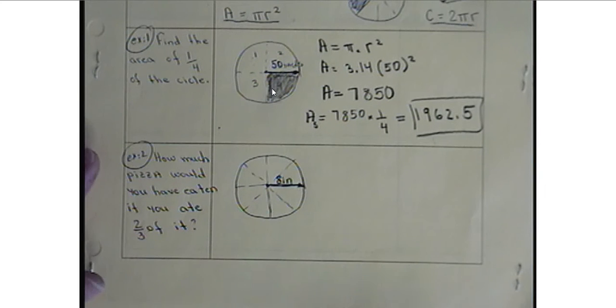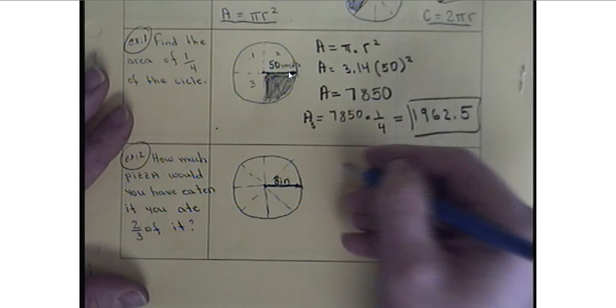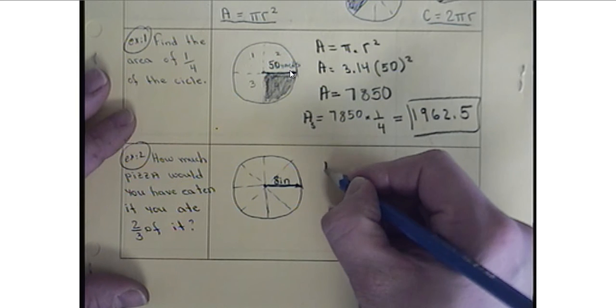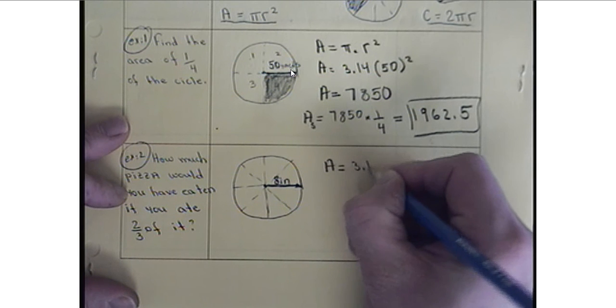Next one. How much pizza would you have eaten if you ate 2/3 of it? So 2/3 of the whole pizza. Well, let's see. I will have, for example, the total area equals 3.14 times 8 to the second.